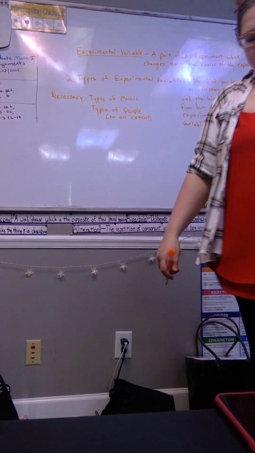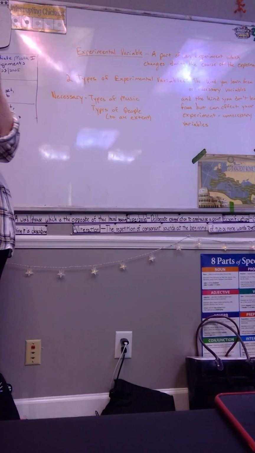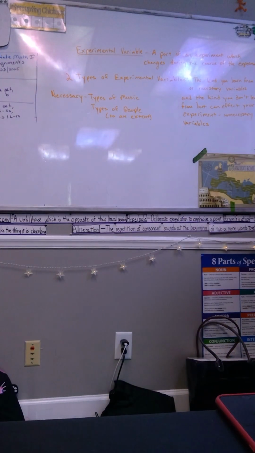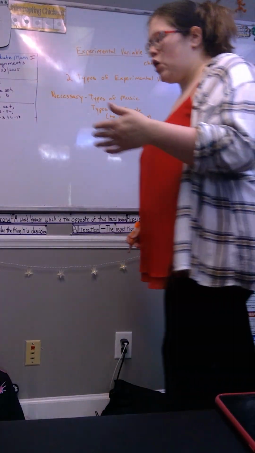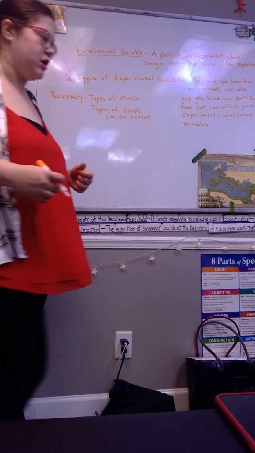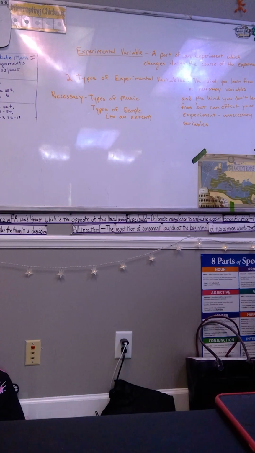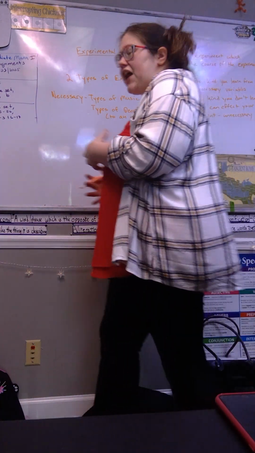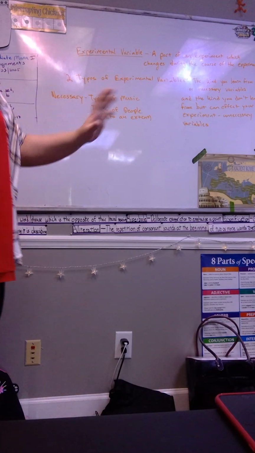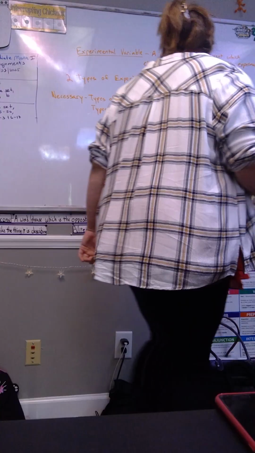So to an extent in this case means you need to have a wide range of people with different temperaments. So you would need a person who is more calm, you would need a person who is more anxious, you would need a person who's kind of depressed, you would need a person that is quick to anger, and you would need a person who's kind of hyper. So, but they would need to stay the same people throughout the experiment.